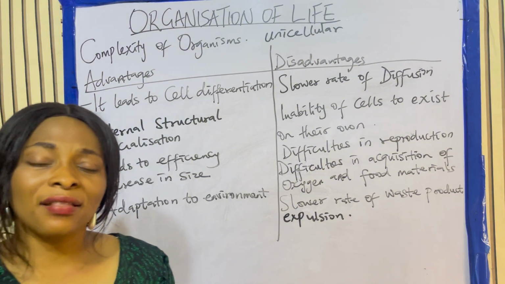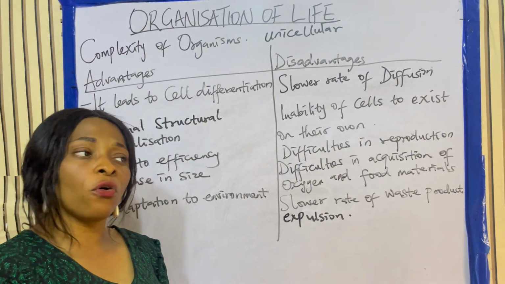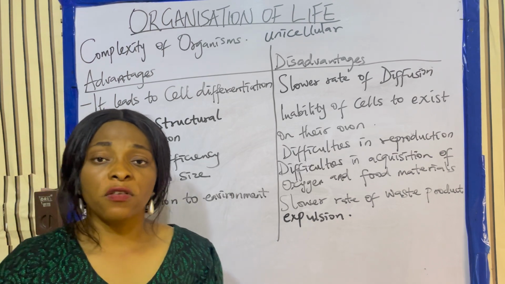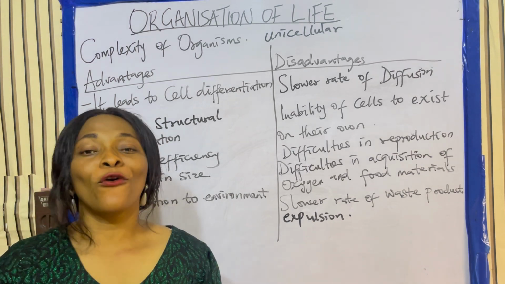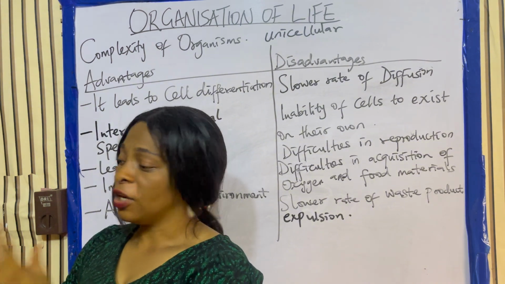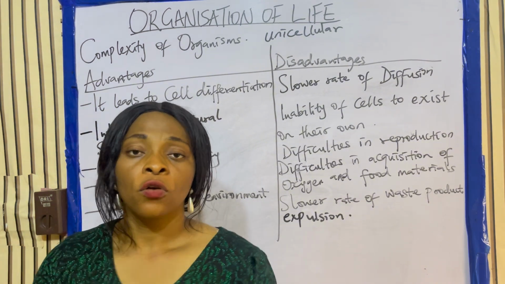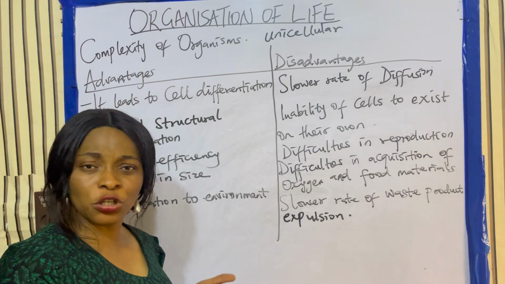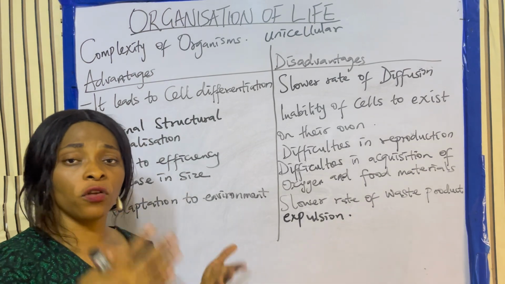You find that there are cells responsible for excretion, and they focus on excretion. These ones are responsible for digestion, and they focus on digestion. These ones are responsible for reproduction, and they focus on reproduction. So all these cells have specialization. There is already division of labor.